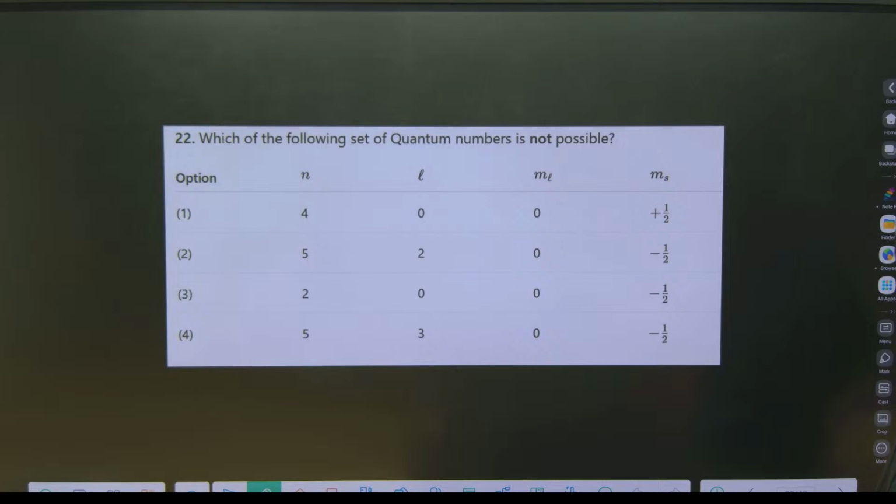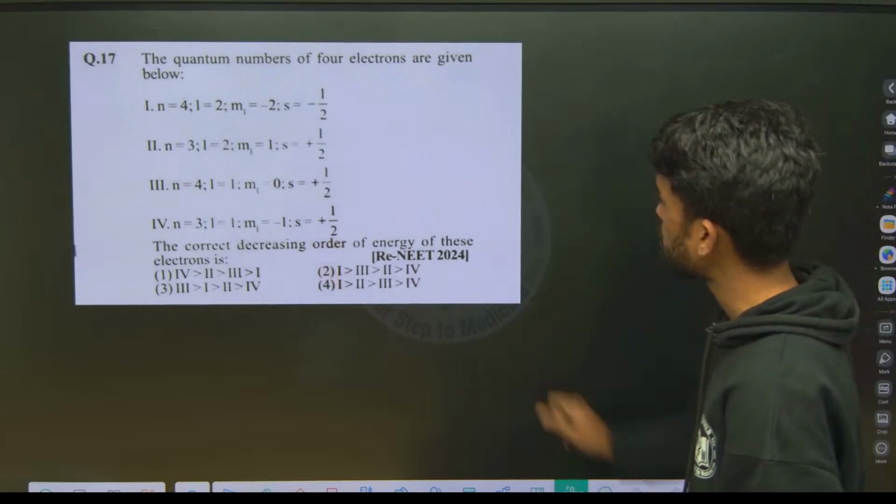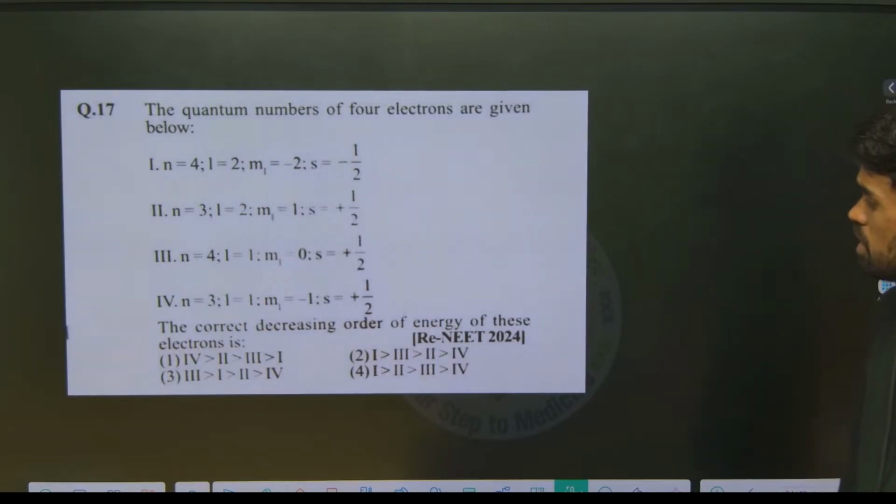We will come back to this after studying 3 rules, so that you will get more clarity: Aufbau principle, Hund's rule and Pauli's exclusion principle. Just tell me for this one.